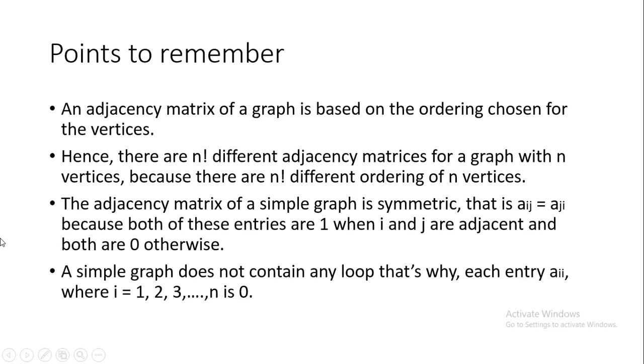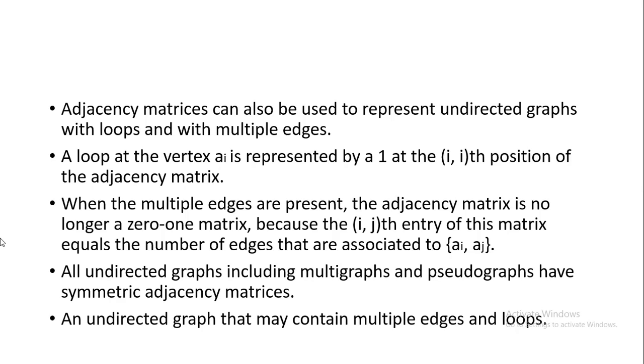A simple graph does not contain any loop. That's why each entry Aii, where i is equal to 1 up to n, is 0. Obviously, if the graph does not contain any loop, the value will be 0. Adjacency matrices can also be used to represent undirected graphs with loops and with multiple edges.